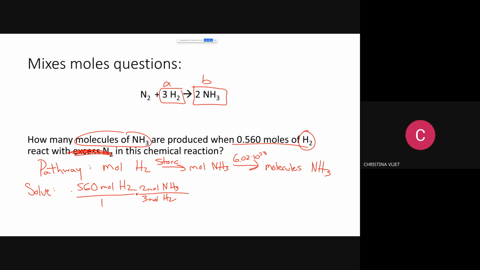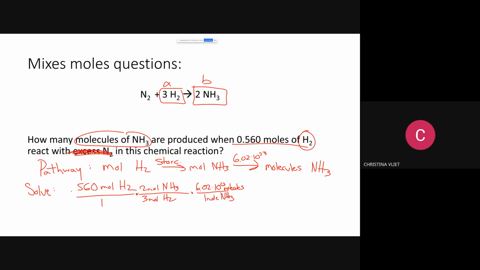I'm going to go ahead and do the next step in one line. So what would the next step be to get to molecules? Do I multiply or divide by Avogadro's number? And that's really the most important question, whether you multiply or divide. It is multiply. Multiply, because I'm looking for molecules. I have to multiply by Avogadro's number. It's 6.02 times 10 to the 23rd molecules in 1 mole of NH3.